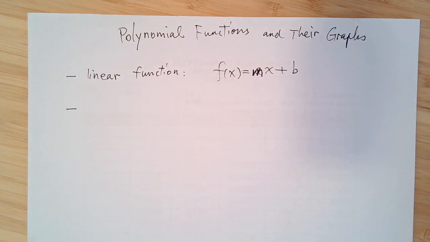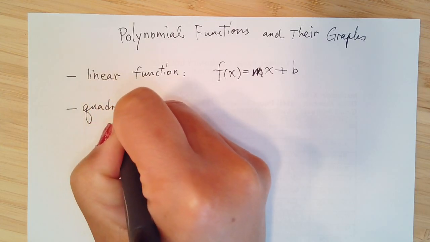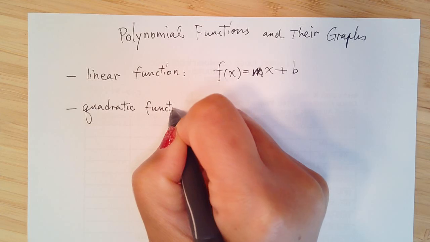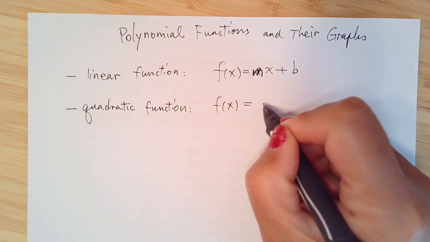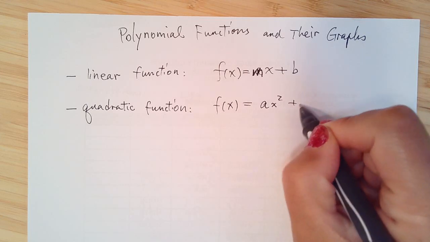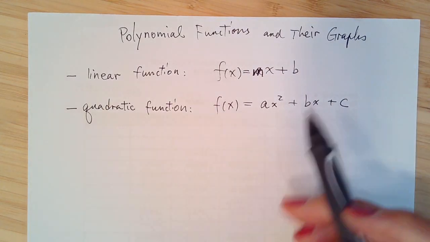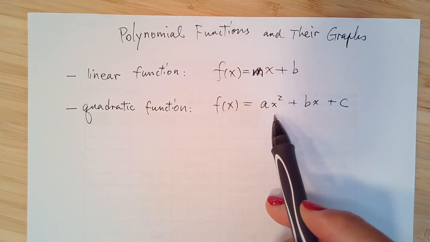So that's a linear function. The quadratic function, f of x, looks like this: f of x equals ax squared plus bx plus c, right? So this is the first degree, or just the x term, and this is the x squared term, a quadratic.